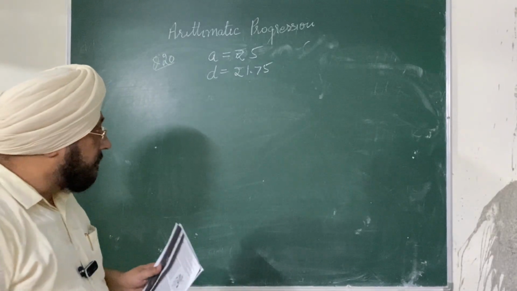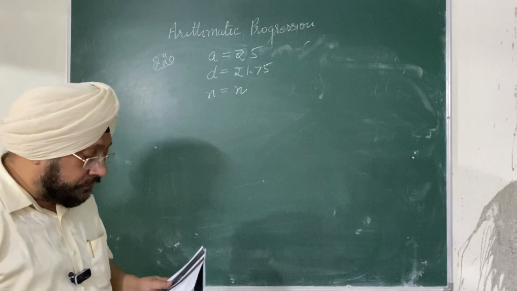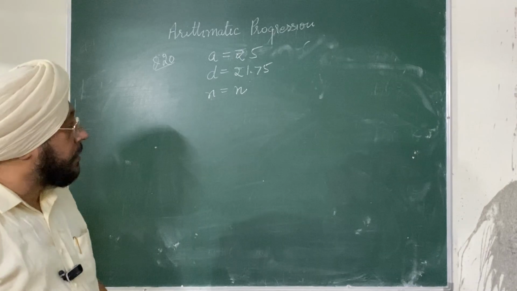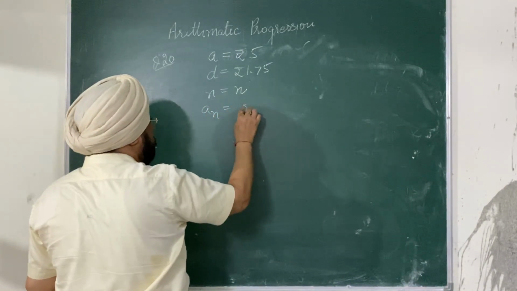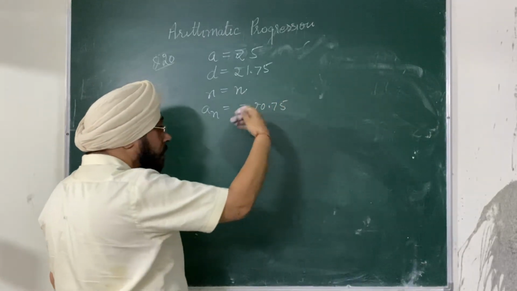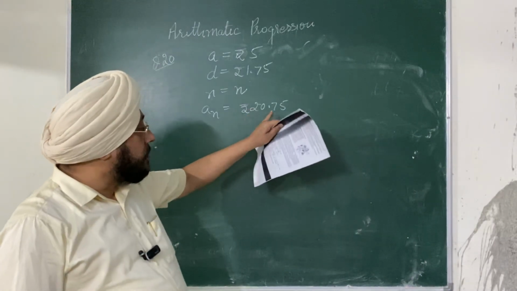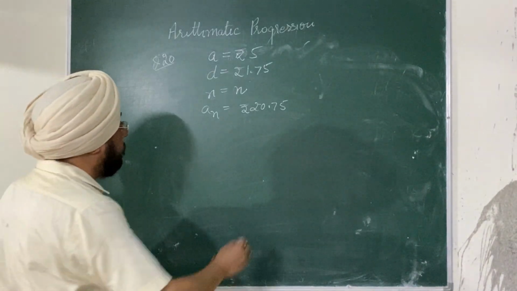If in the nth week, n remains n, which we have to calculate, her weekly savings becomes 20.75. So the last term is rupees 20.75, and we have to find after how many weeks her saving becomes rupees 20.75. So how do we find it out here?